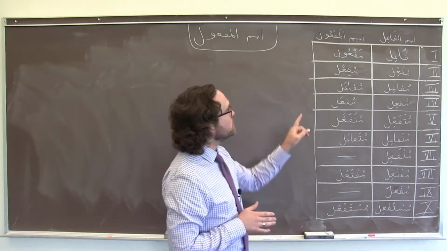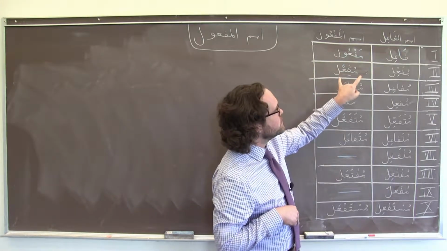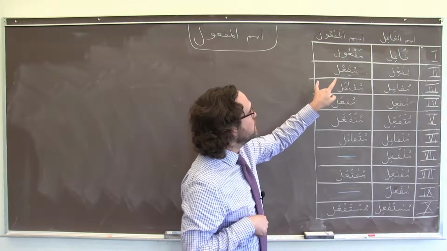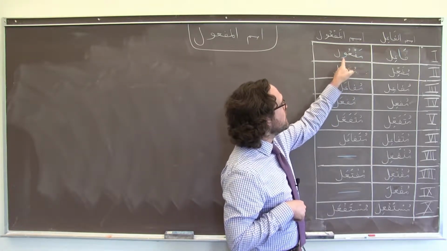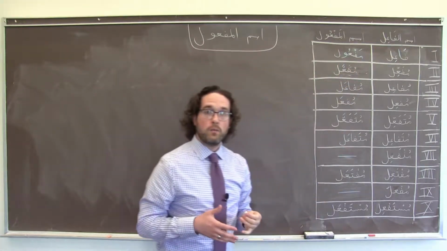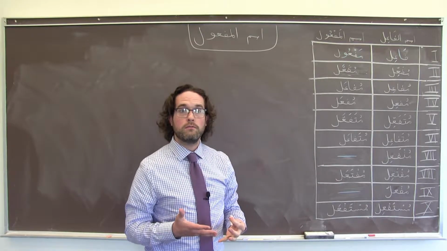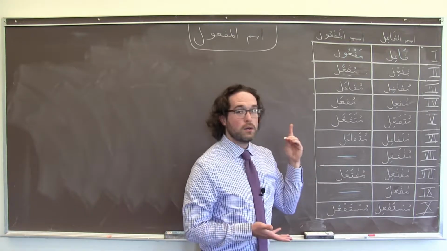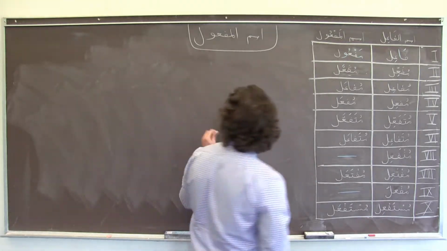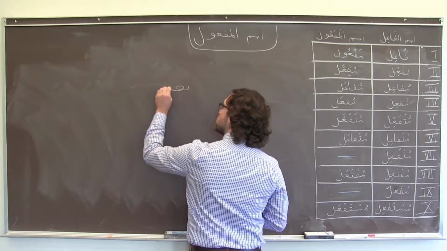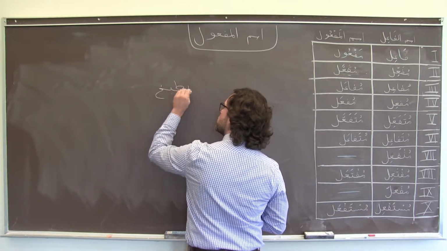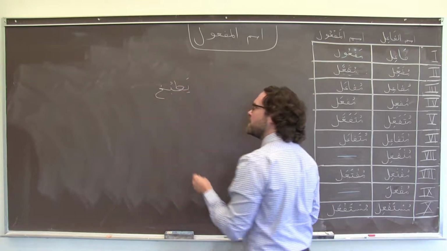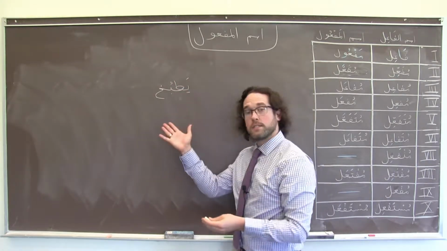But basically we just apply this wazn, this particular set of short vowels and consonants, and we can create a new verb. So for example, a form 1 verb, yatbukh, meaning to cook, or he cooks in this conjugation.